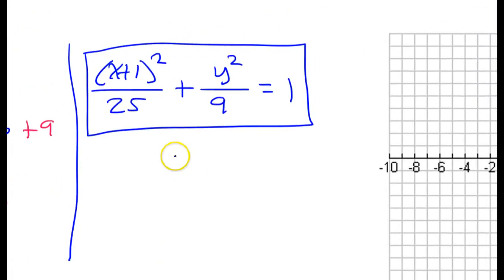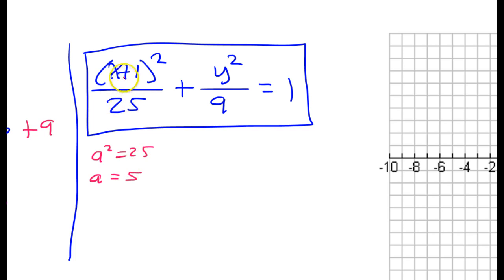Now, it would be useful to have the a value. So for ellipses, the bigger number is always a squared. The bigger number always leads to the vertices. So I know that a squared is the 25. So therefore, a is 5.